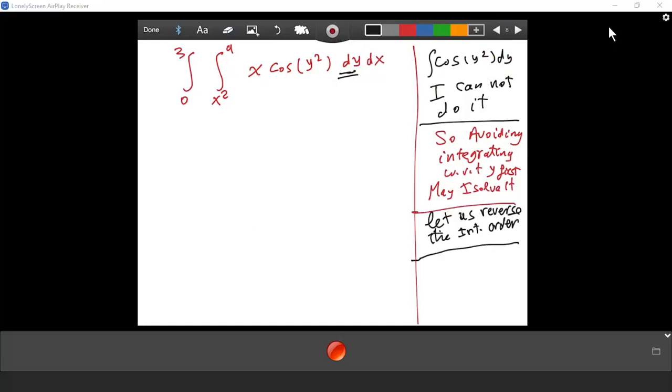Sketch the integration region, right? Sketch the region of the double integral. This is very important before you start doing anything over here, right? Okay. So let's sketch this one.